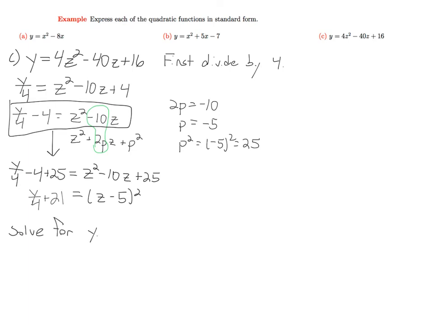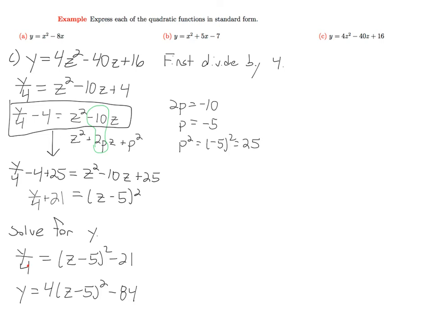So I have equation y equals something that's written in the vertex form. So I can subtract 21 from both sides, and then I can multiply both sides by 4. So when I multiply the right side by 4, right, I need to multiply everything on the right side by 4.